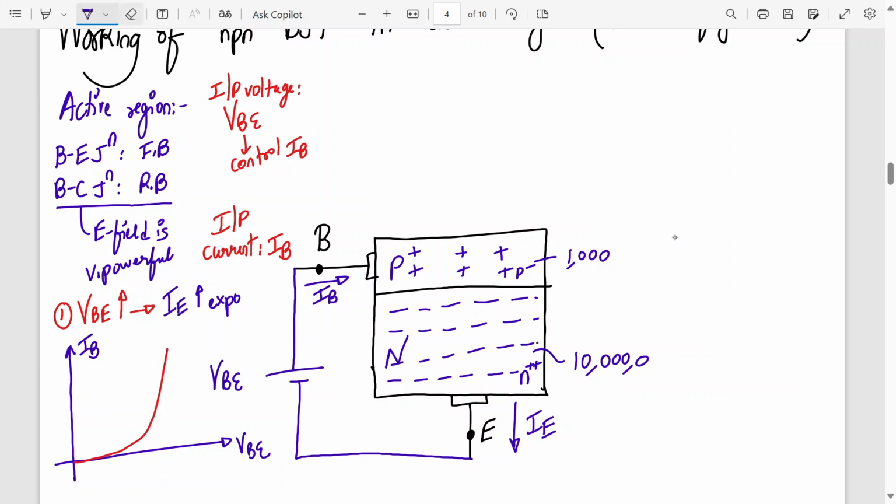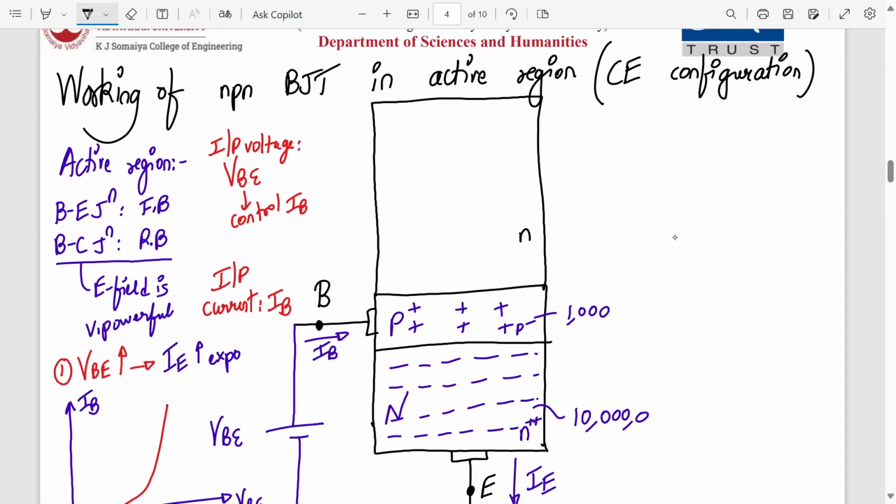But now what we do is we have one more region which is very, very large, which is my N region. It is also made up of electrons, but these electrons are not so high in concentration. Now I am connecting it to another supply. The base-collector junction should be reverse biased, right? This is the collector junction.